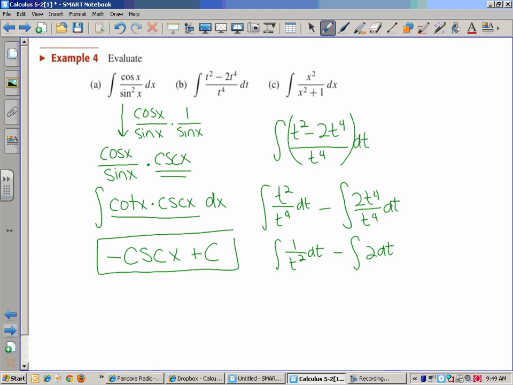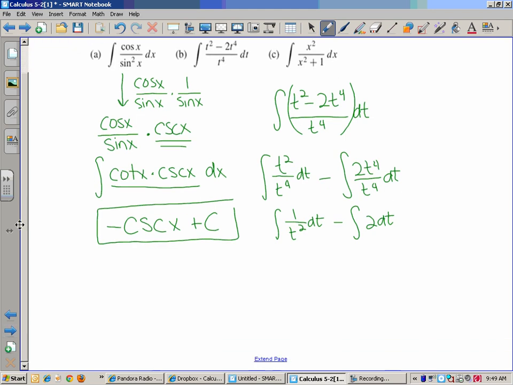Now all I did was rewrite that fraction. So when I do this, again, I'm writing out every step on day 1. Eventually you won't have to. You'll be able to do a lot of this in your head. So now add 1 to this number. Divide by the new exponent. Minus, add 1, tack on your integration constant.